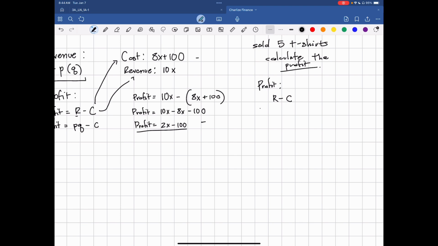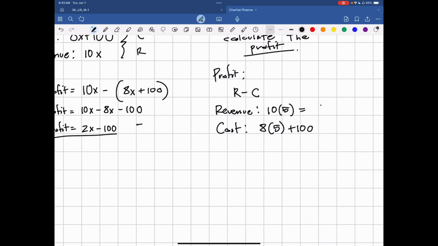So if I calculate revenue and cost by using these two functions, maybe I'll just use C and R. Revenue is 10 times the 5 t-shirts. The cost is 8 times 5 t-shirts plus 100.